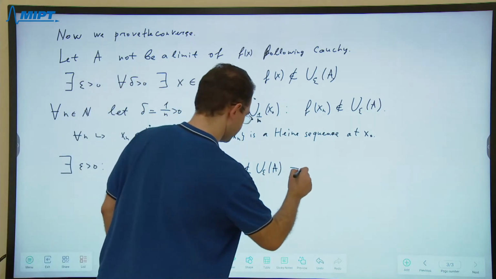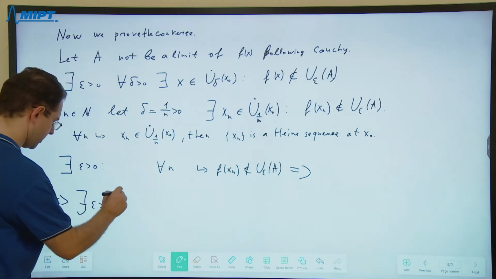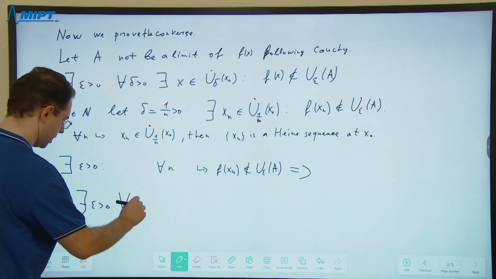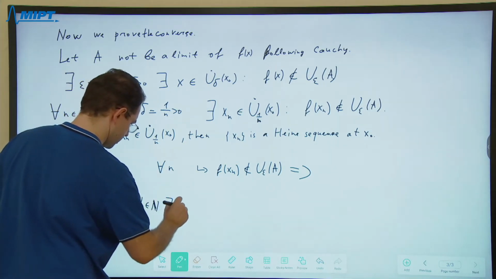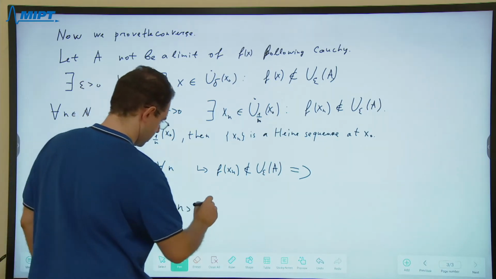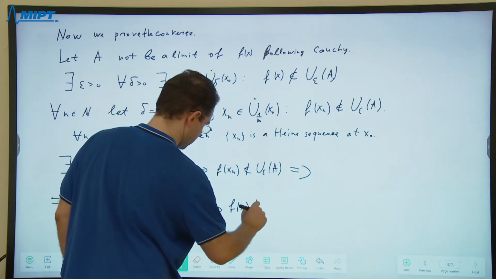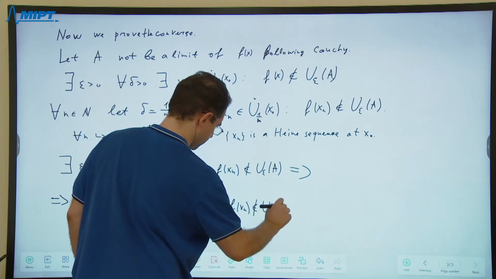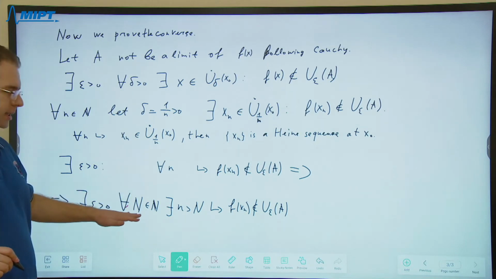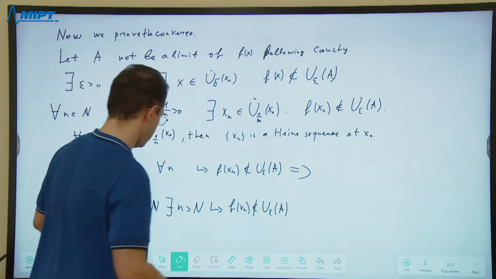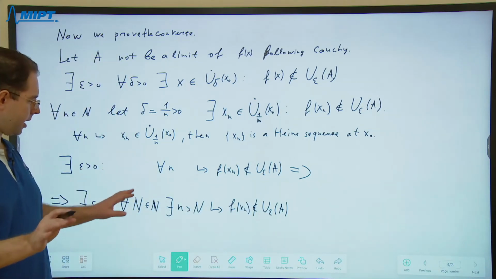There exists epsilon greater than 0, so for a capital N, there exists a small n greater than capital N, such that f of xn is not from epsilon neighborhood. So I have written here a weaker statement. This is true for any natural n.